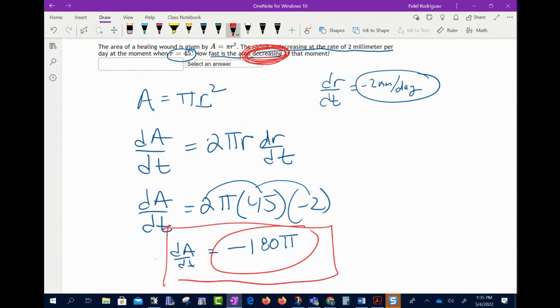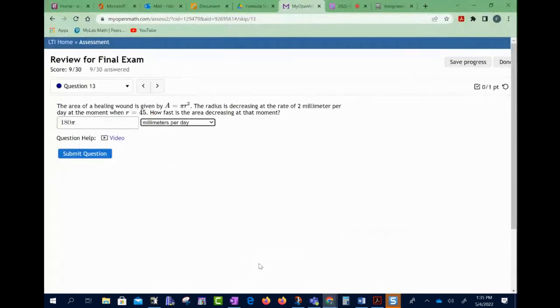When I have this right here, this tells me that the area is decreasing. How do I know it's decreasing? Because it's negative, right? But because the question is worded in a sense that says, how fast is it decreasing? I don't need to put the negative in, because if I put the negative in, that would mean it's decreasing at a negative rate. Well, when something is decreasing at a negative rate, it's actually increasing, right? And that's not what's happening.